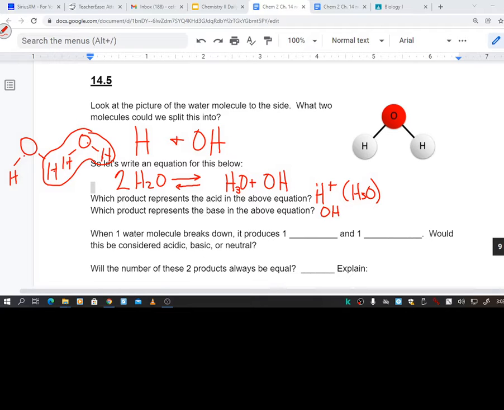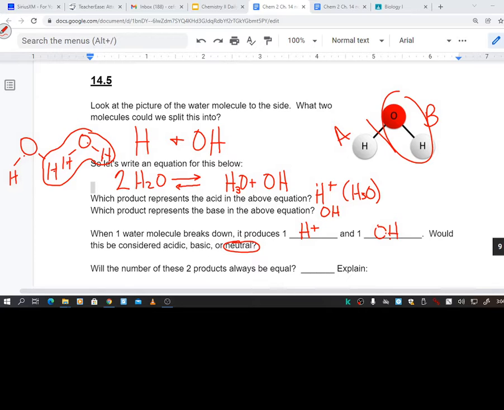All right, so when one of the water molecules breaks down, it produces one hydrogen and one OH. So each time this breaks down, I get an acidic particle and a basic particle. So what would you think would happen? Would that be an acid, a base, or neutral? Well, if I'm getting one acid molecule and one basic molecule, I'm going to assume that it is neutral.